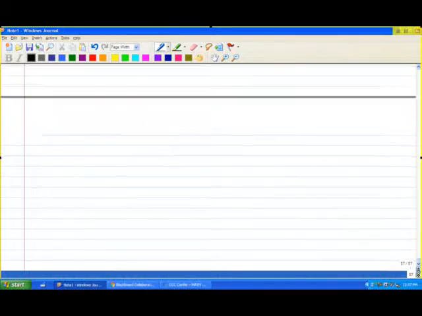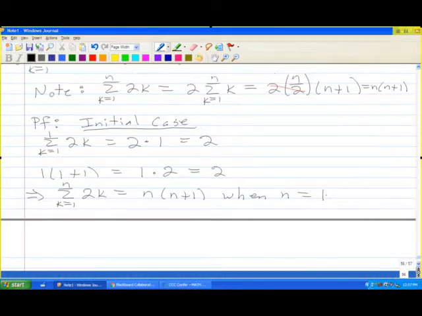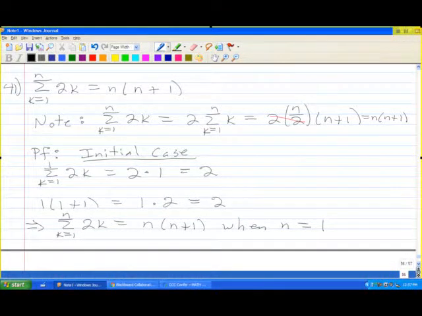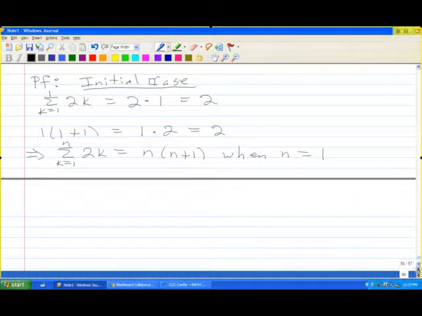So therefore, I've shown that the sum k equaling 1 to n of 2k equals n times n plus 1 when n is equal to 1. So I've shown that this formula works here when n is 1. Now let's do the induction step.